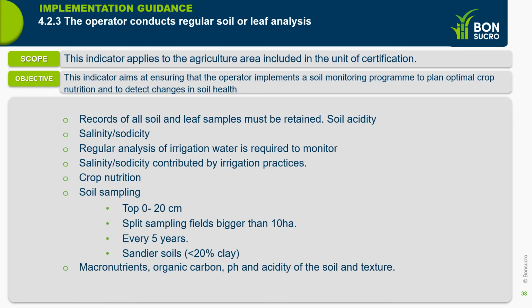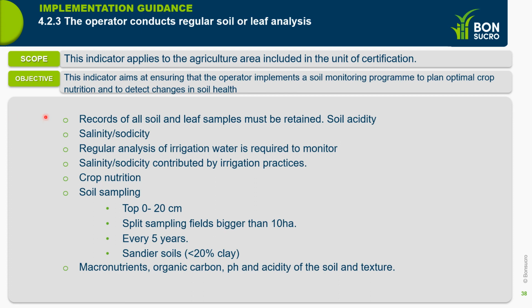From the implementation point of view, it's important to agree with the agronomic team on the times to take the analysis, leaf or soils: each 5 years maybe, or each replanting for the soils, maybe in the medium term for the leaf analysis, how to take those samples, who will take them, who will be trained on this sampling.